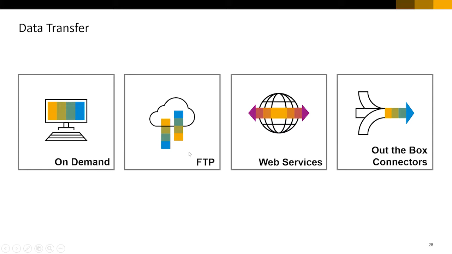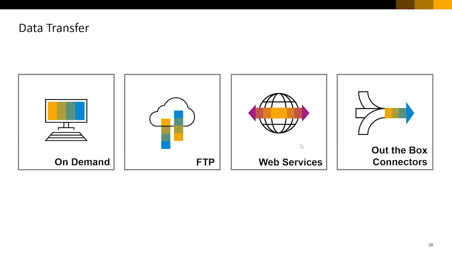Other businesses want to opt for file transfer protocol, which is a little bit more streamlined. And other businesses, of course, want to build their own connections through a third-party partner, or if they've got the expertise in-house, they will write that code. Concur is able to provide you with the APIs in order to do this.